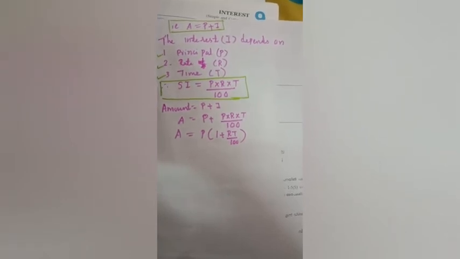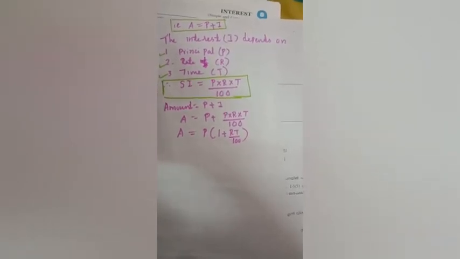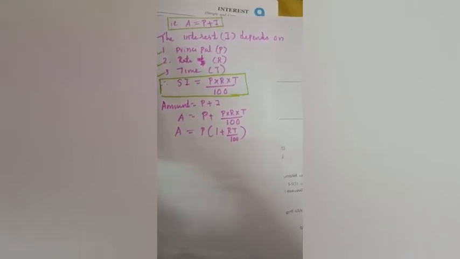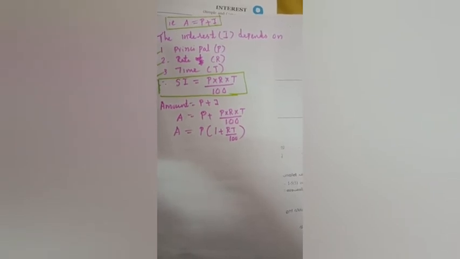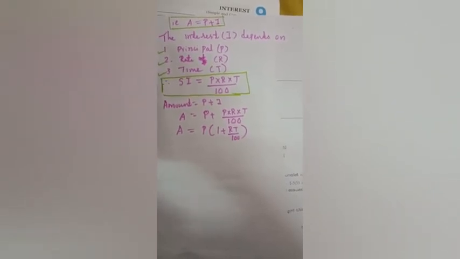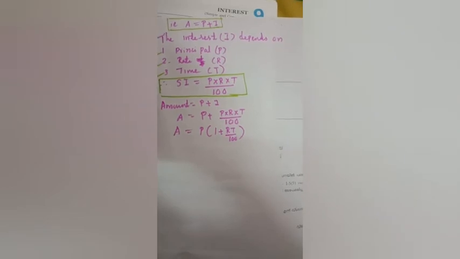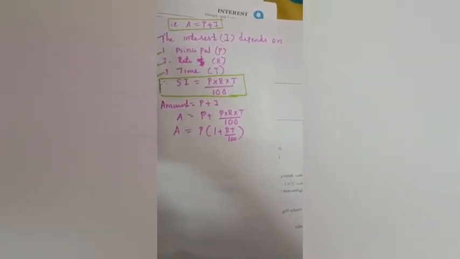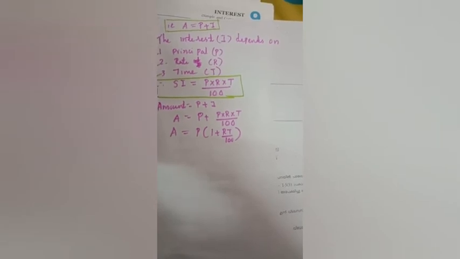So you have to write all the formulas on a single page. Our 8th lesson is over, so on a single page you have to write all the formulas from that chapter, all the formulas together.